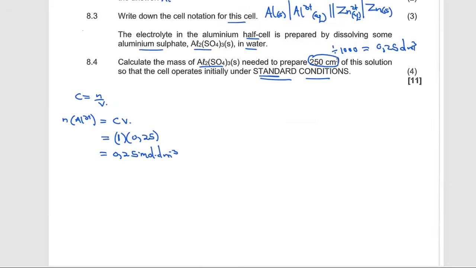Then after that, I'm going to proceed to the ratio. In terms of the ratio, what do you have? Al2(SO4)3 there, is to the other one, for Al3+, right? So in terms of our ratio, the mole ratio is going to be 1 is to 2, right?